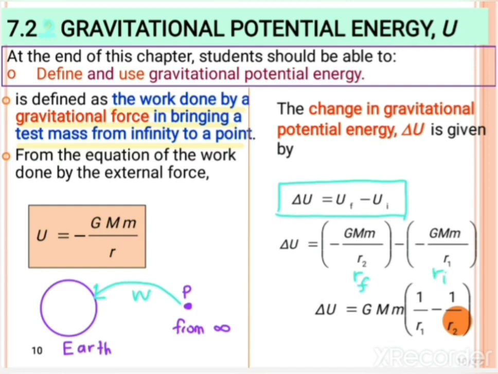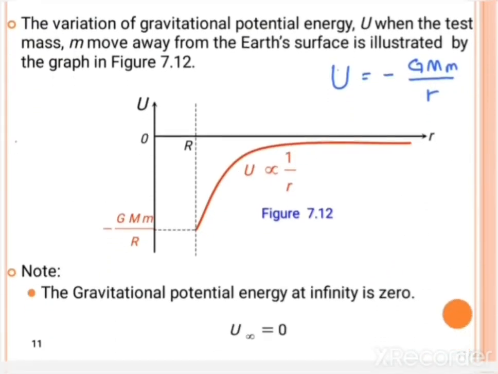If we rearrange the equation, we will get delta U equal to GMm bracket 1 over R1 minus 1 over R2. The variation of gravitational potential energy U when the test mass m moves away from the Earth's surface is illustrated by this graph.